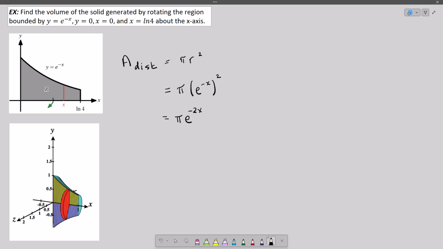If you plug in 0 into our formula here, do we get pi? Yeah, because we get e to the 0, which is 1, and 1 times pi is pi. So it's matching. And then our volume is just the integral of the area function. And they've given us our limits of integration, 0 to natural log of 4.